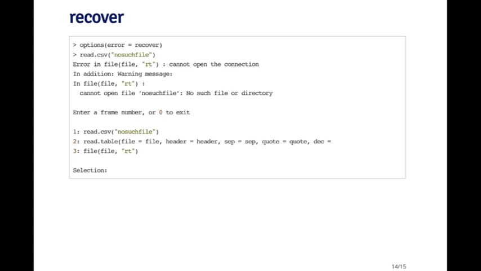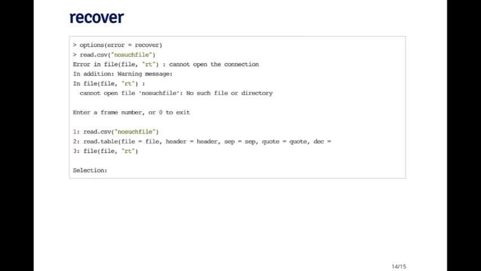okay? And then you get an error, and you get the error message, cannot open the connection, and you get some warning also. But instead of getting my console back, I get a little menu here, and this menu is the function call stack, okay? So it's the same thing that you would get back if you called traceback after the error, right? So read.csv is what I called.